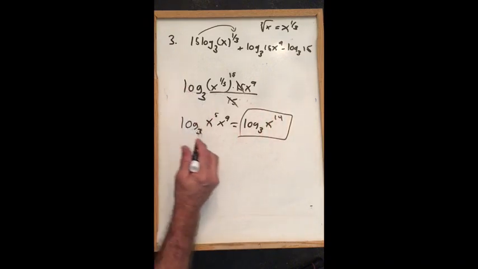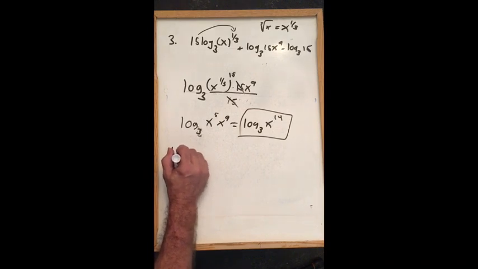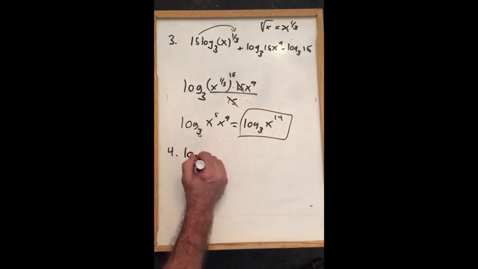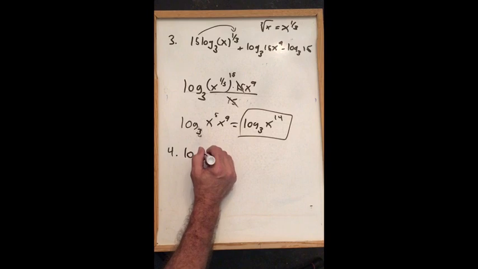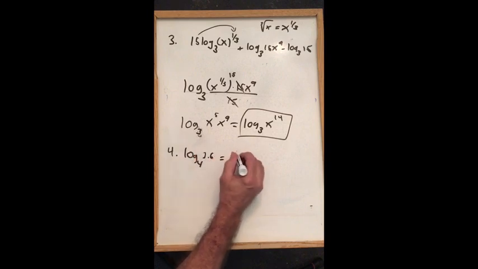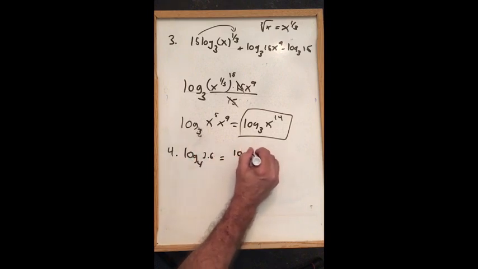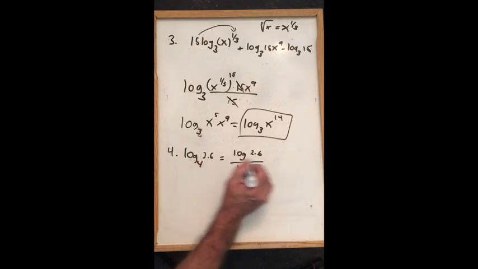Number 4 and number 5. Number 4 looks like this. Log base 4 of 2.6 is the same thing as log 2.6 divided by log 4, where this is log base 10.